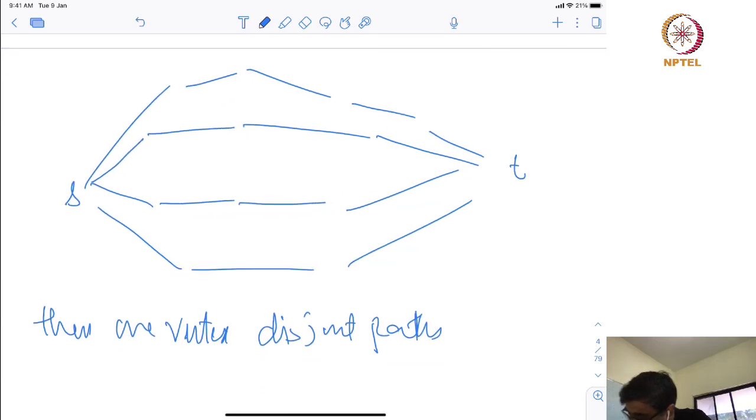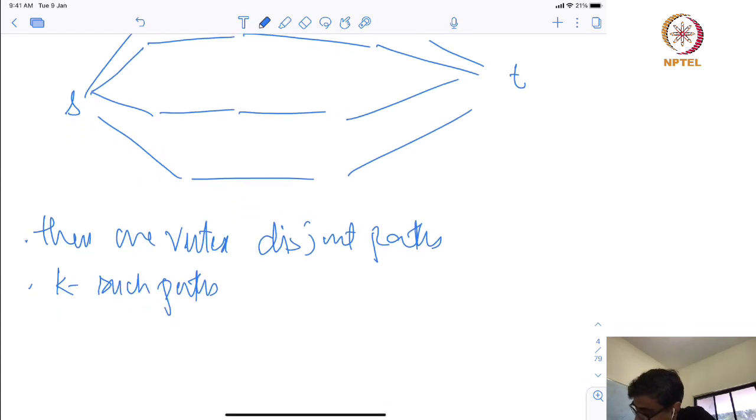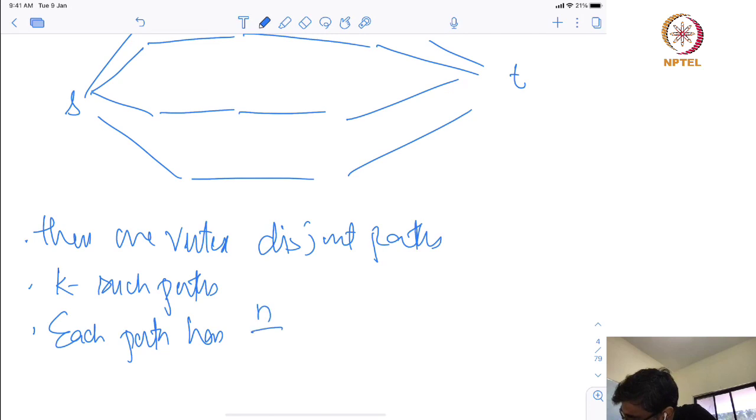And how many such paths are there? Let's say there are k such paths, and each path has n by k number of edges.